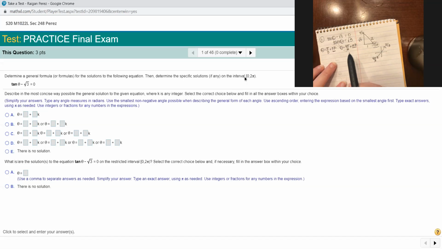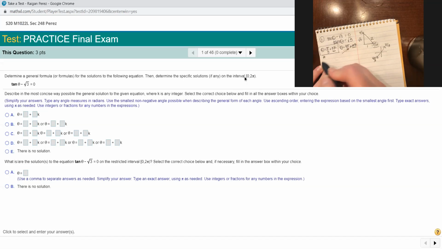With tangent, I can get 4/3 if I add 3 over 3, because 1/3 plus 3/3 is 4/3. So I don't have to use this second equation when I have tangent. This is my answer for the first part. I would choose letter A.